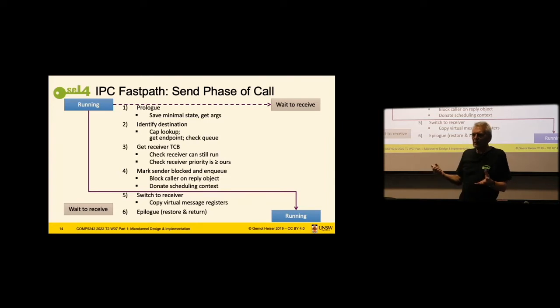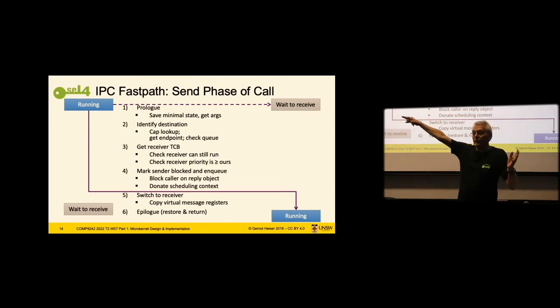We need to mark the sender as blocked, and in principle enqueue it into a waiting queue. In reality, this is just manipulating the reply object provided by the sender. It gets blocked on that reply object, and then we donate the scheduling context. I'll explain that later.